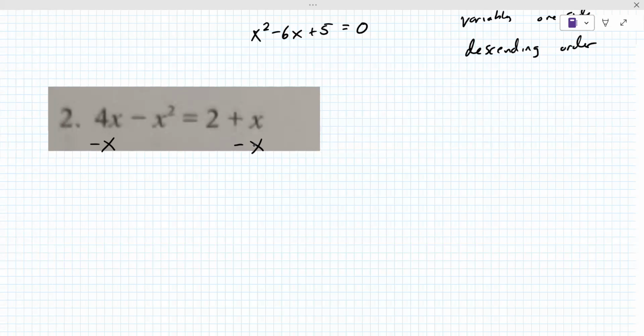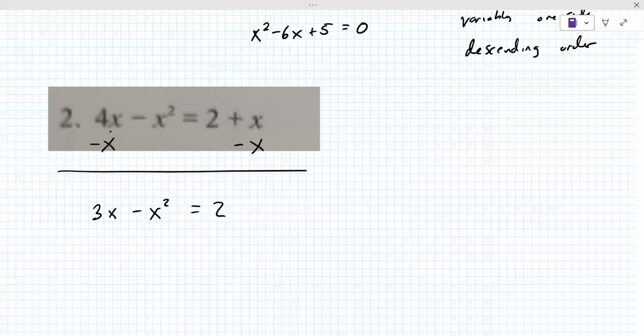Notice that when I subtract the x, I'm putting it under the 4x because it's going to combine with that. So if we rewrite this, it's 3x minus x squared equals 2.